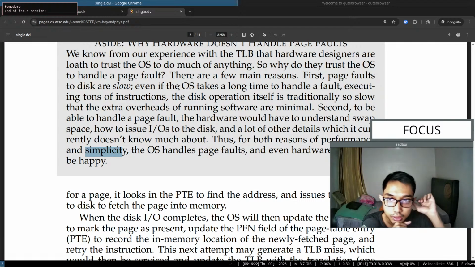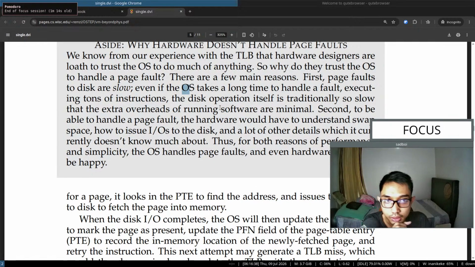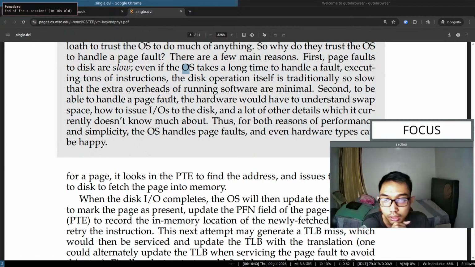For example, this operation is slow, so it doesn't even matter if the operating system is the one handling that. And also the hardware didn't need to know about the swap space mechanism, because we can change the operating system, right?